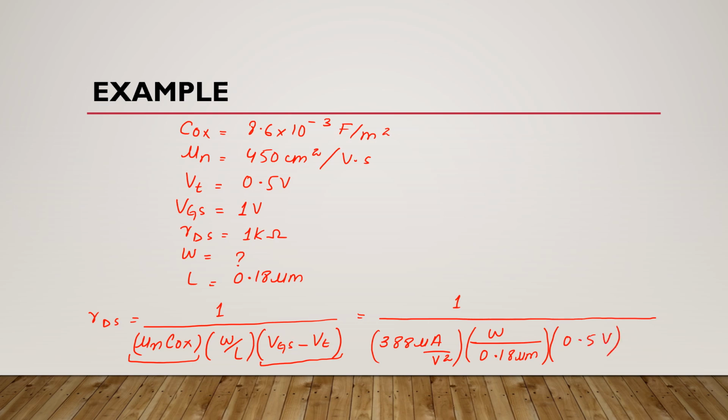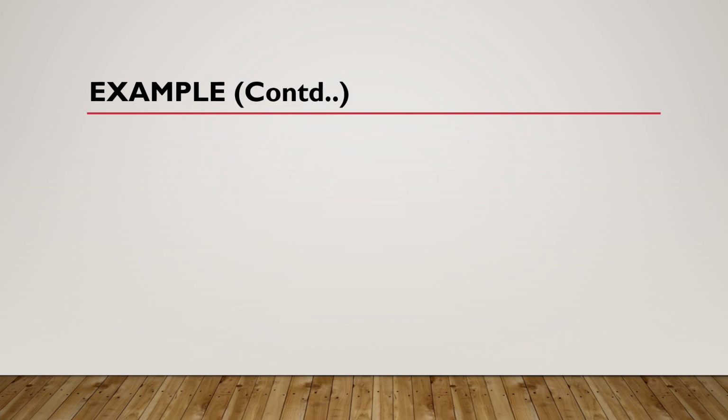Okay, we know that the value of resistance is 1 kilo ohms, and here we have 1 divided by 388 microamperes per volt square, and here we have W divided by 0.18 micrometer, and here we have 0.5 volts.